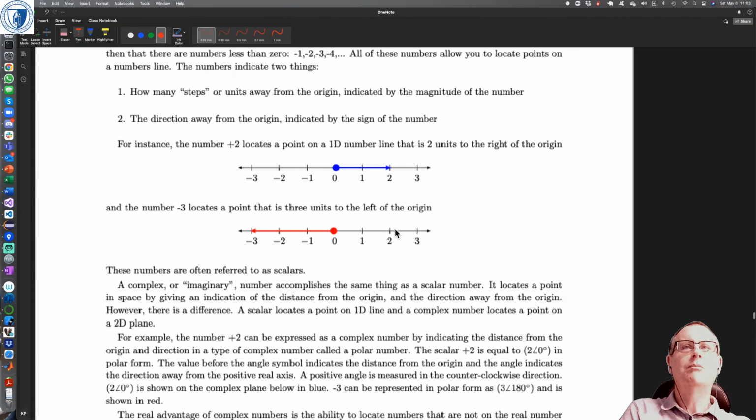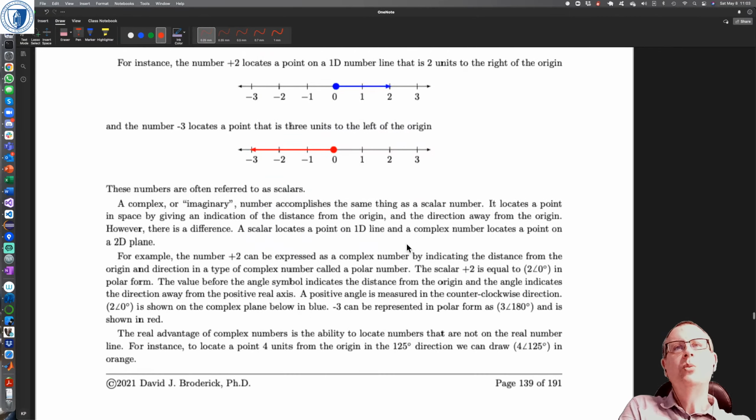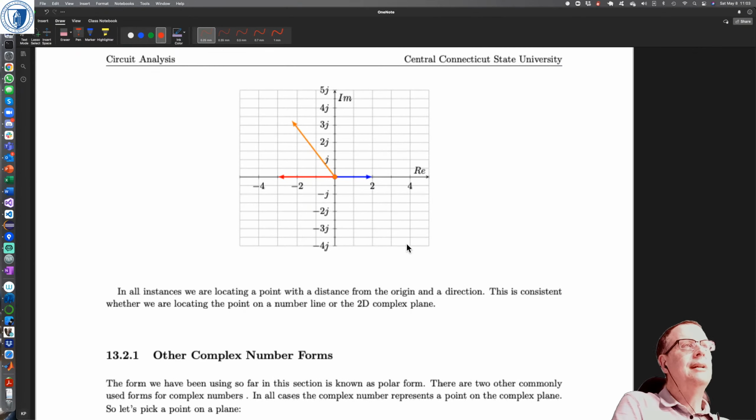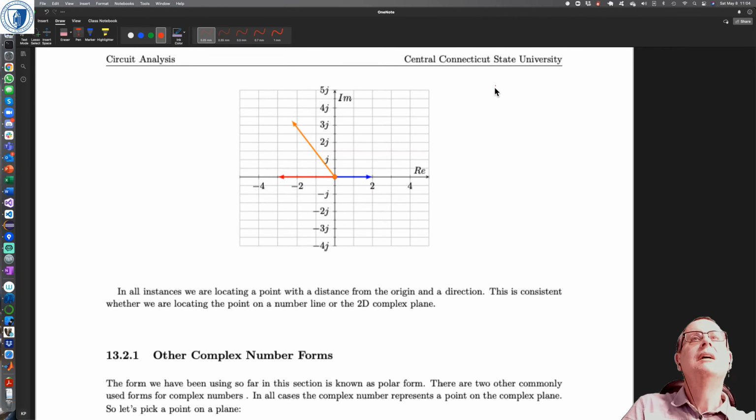Okay, and so remember, with normal real valued numbers, we're just interested in a number line. But once we move to complex numbers, we're interested in numbers on a 2D plane, with a real axis and an imaginary vertical axis. So there's 3 ways we've looked at, or maybe a few more, but if we have A plus jB, that's one way to write it, and it's a rectangular form.